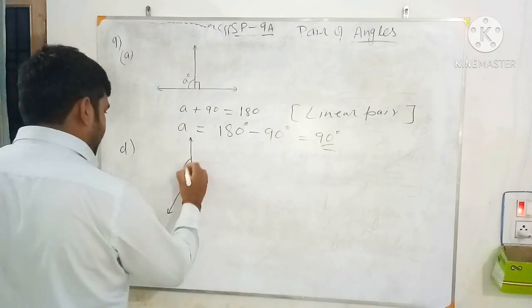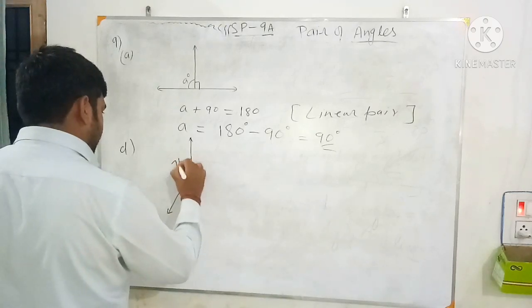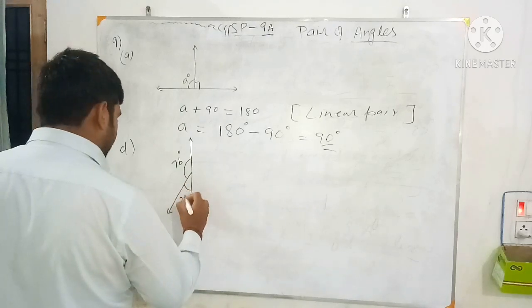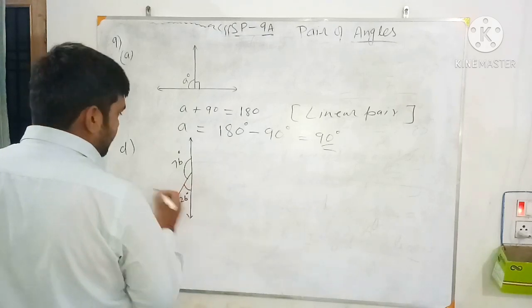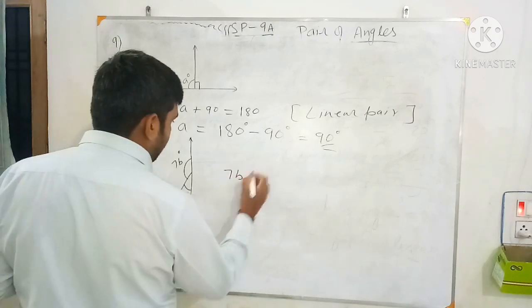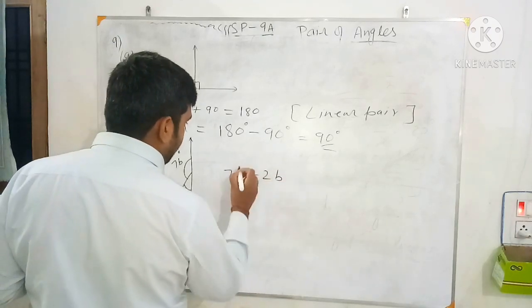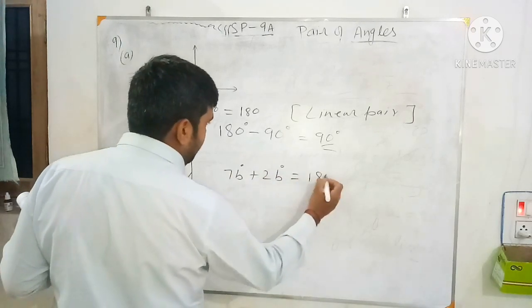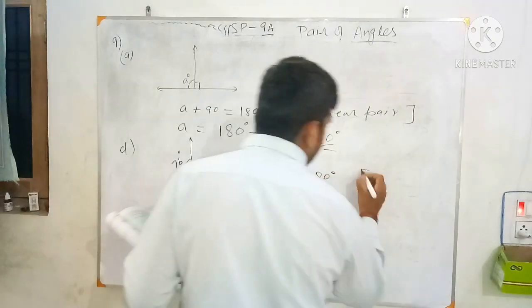This angle is 7B and this angle is 2B degrees. Now 7B plus 2B degrees equals 180 degrees. Reason same, linear pair.